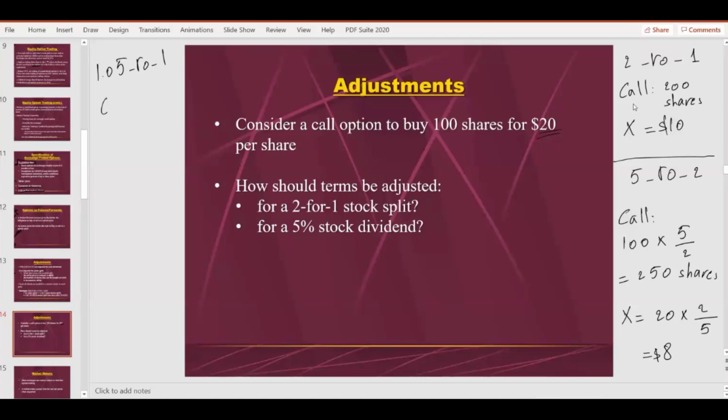So in this case, the call will cover now, instead of 100, 100 times 1.05 divided by 1, so it will cover 105 shares. Regarding the strike price, the new strike price X equals 20 times 1 divided by 1.05. So you will have 20 divided by 1.05 as the new strike price.